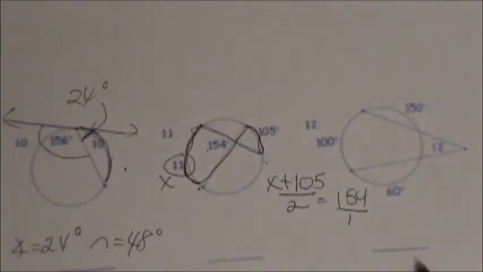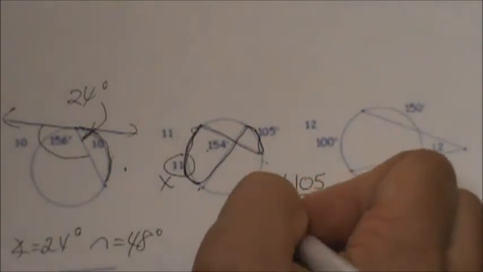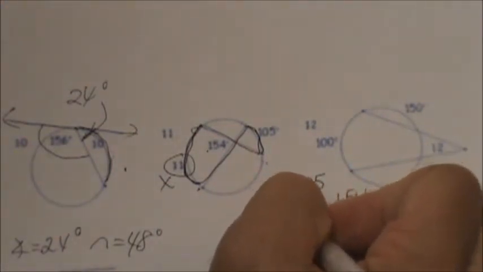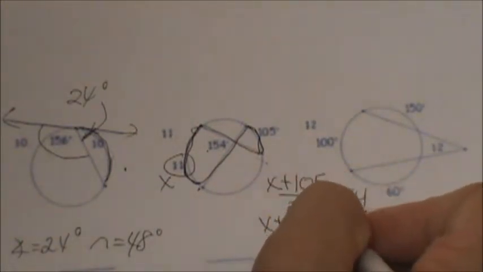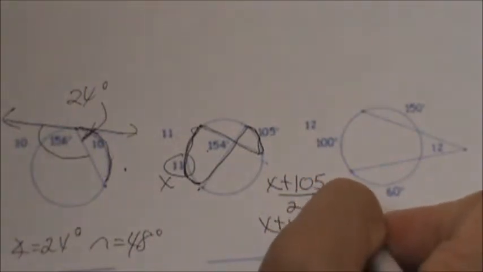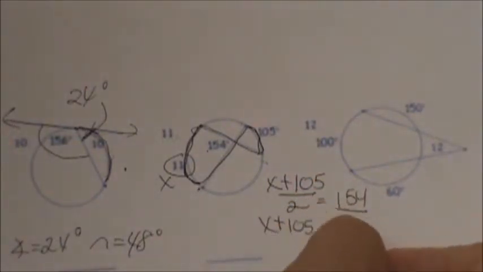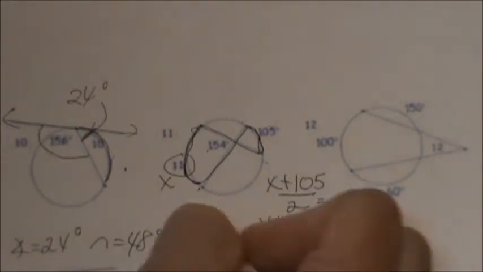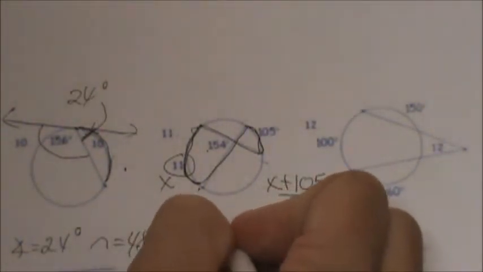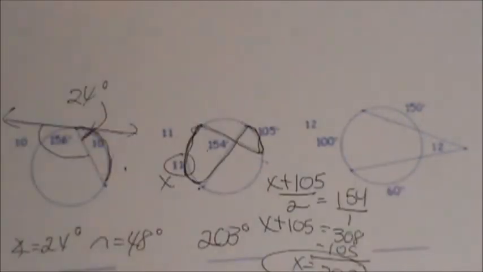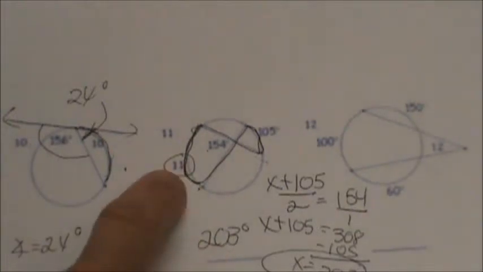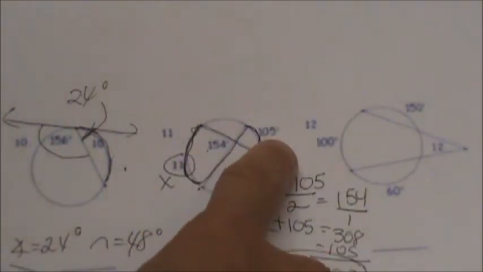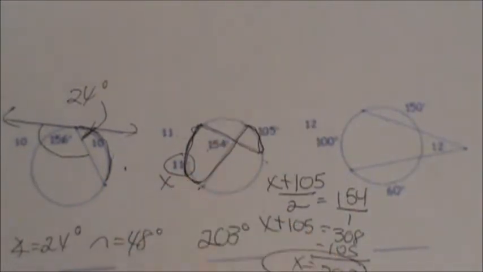Again, stick a 1 underneath it, do a cross product. So x plus 105 is equal to what? 308. 308 minus 105 leaves us with 203. So x is 203 degrees. So this arc is 203. Okay? That's how you'd find that one. So when you're missing one of these, you just set it up with a variable. X plus 105 divided by 2 is equal to the angle.